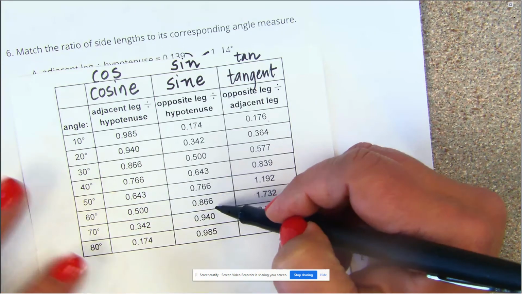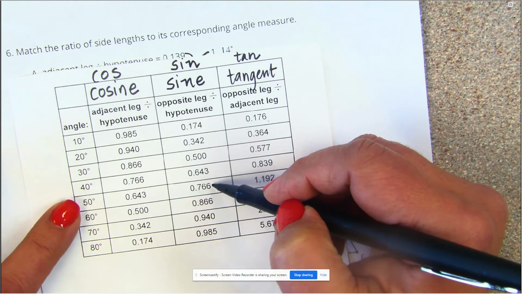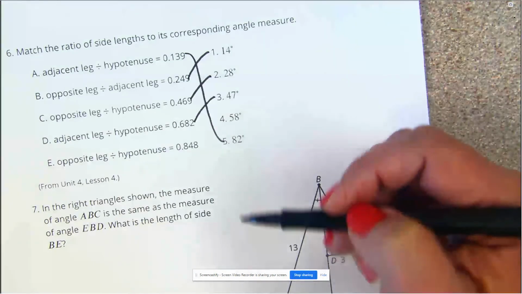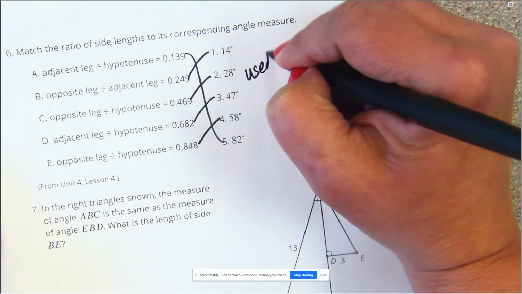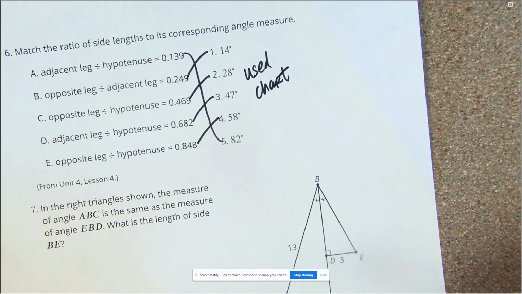Be between these two. Oh no, between these two. Because it comes before 0.86. So between 50 and 60. Yep. Use the chart. Eventually we're going to learn how to find the angles using our trig ratios too.